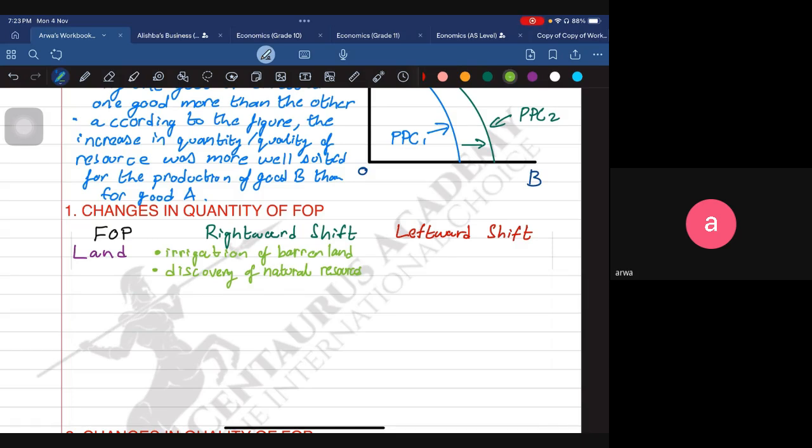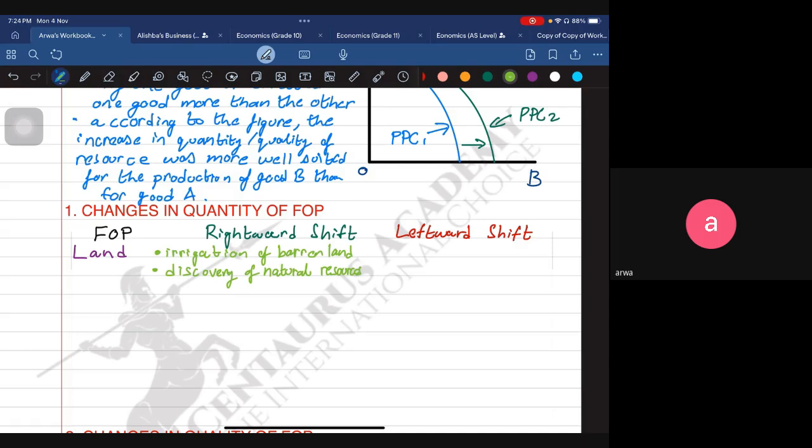What about the reasons for a leftward shift? So I'm not sure, but will weather affect it? For example, if your business grows crops and there are bad weather conditions, the quantity of your resources will decrease.